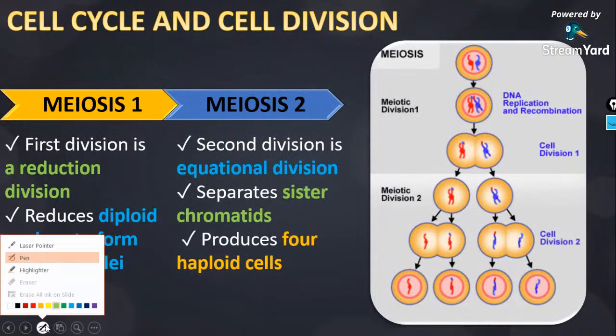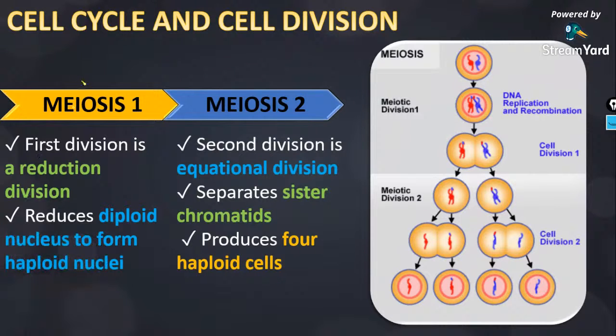Next, we are going to talk about the stages of meiosis. Meiosis consists of two stages, meiosis 1 and meiosis 2. Meiosis 1 is further divided into karyokinesis and cytokinesis.